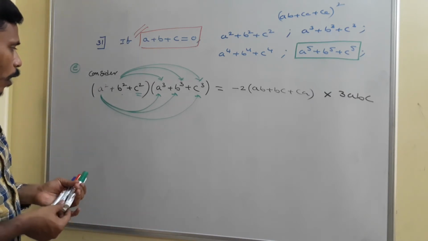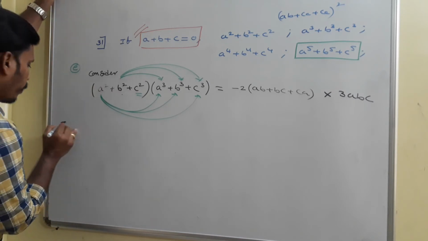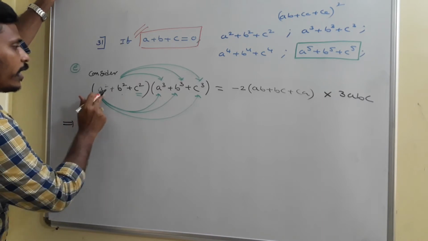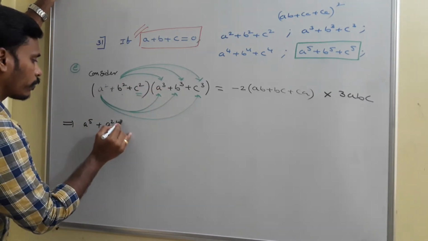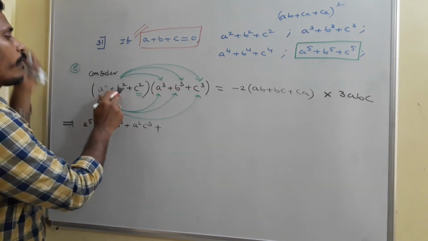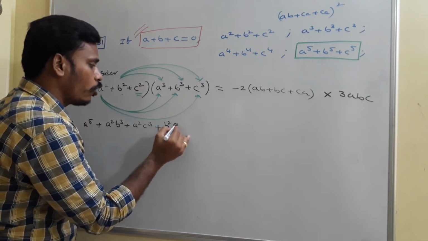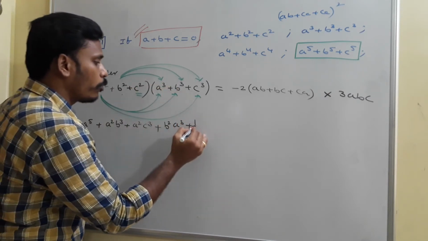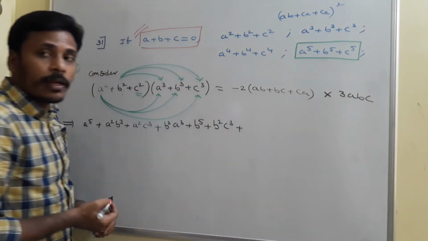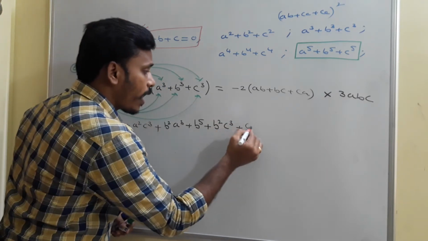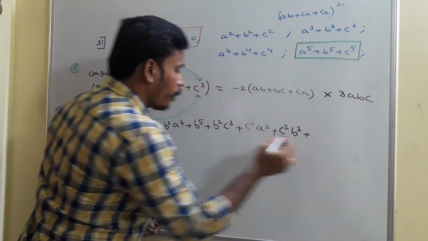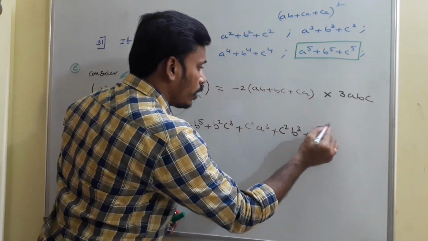That implies a square into a cube is a power 5, plus a square into b cube plus a square into c cube, plus b square into a cube plus b square into b cube plus b square into c cube, plus c square into a cube plus c square into b cube plus c square into c cube is c power 5.